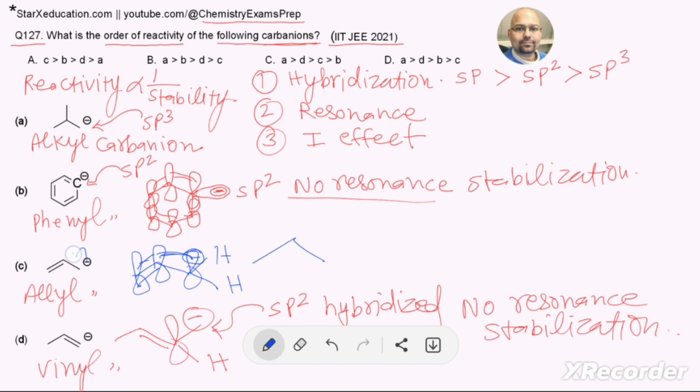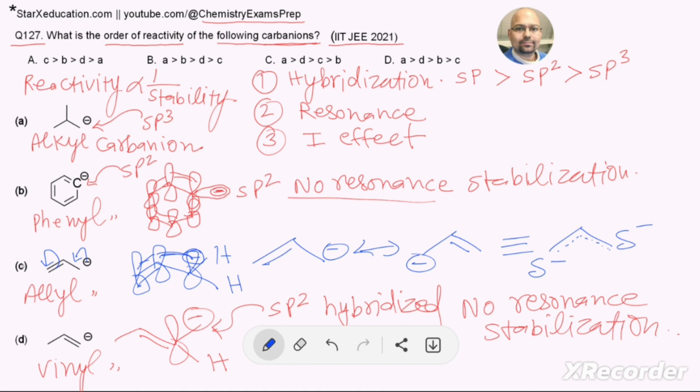Another resonance form would be this one, and you can draw a resonance hybrid where the negative charge disperses, so the end carbons get partial negative charge, and this resonance stabilization makes this carbanion the most stable out of these 4 species.